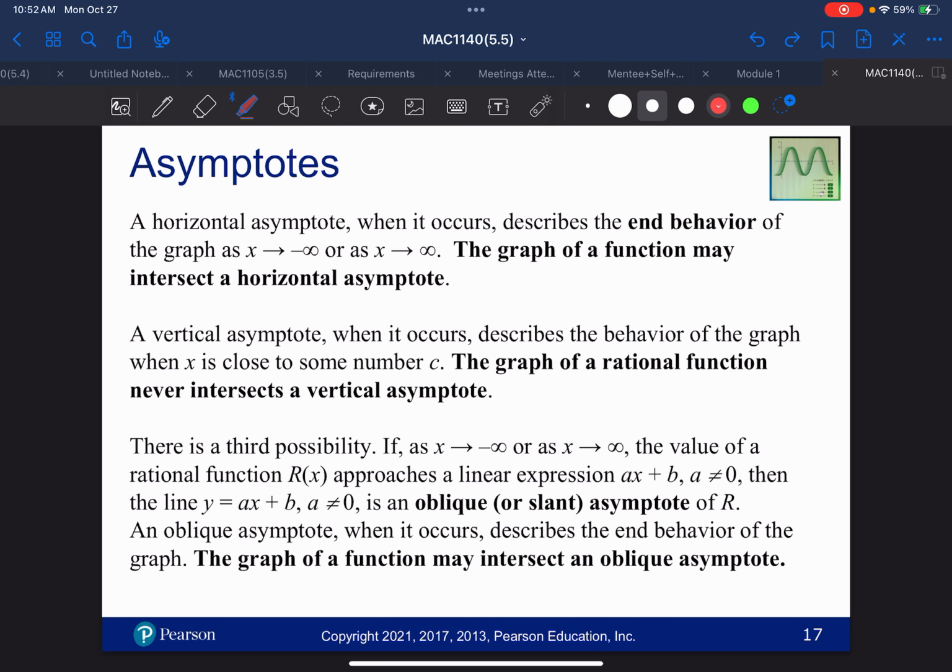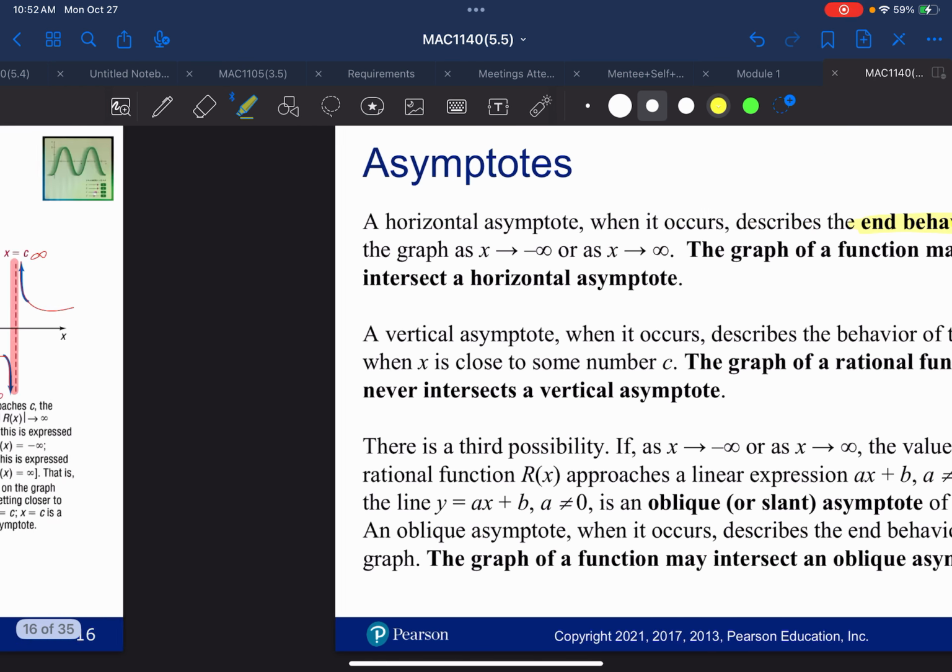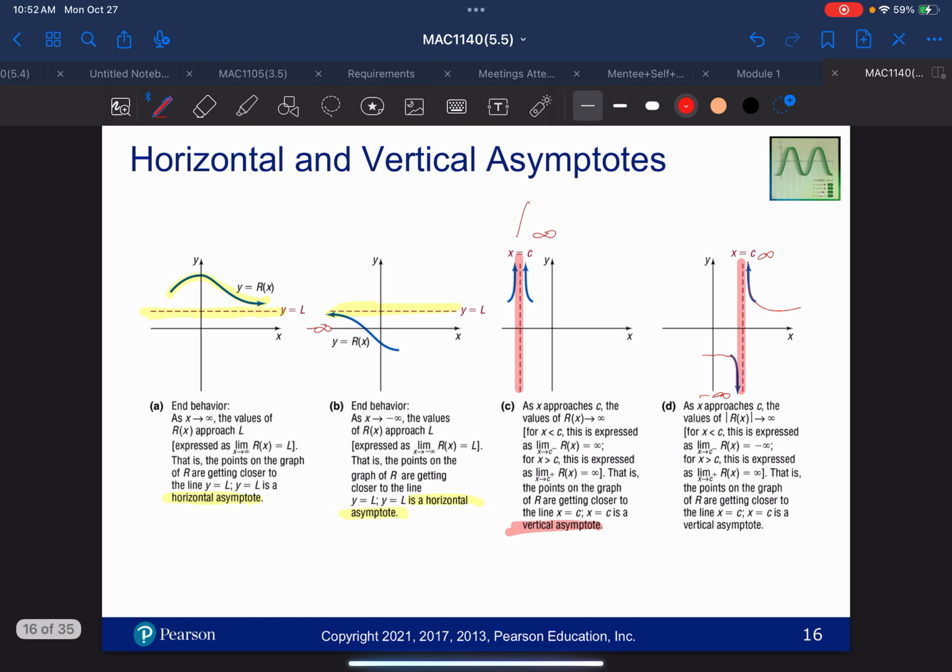Okay, so a horizontal asymptote, when it occurs, describes the end behavior as we've seen. When we talk about end behavior, we're talking about what the y value is as x goes to infinity or negative infinity.